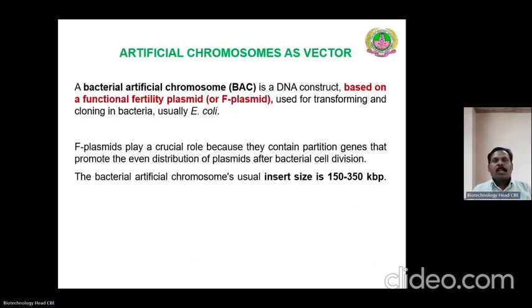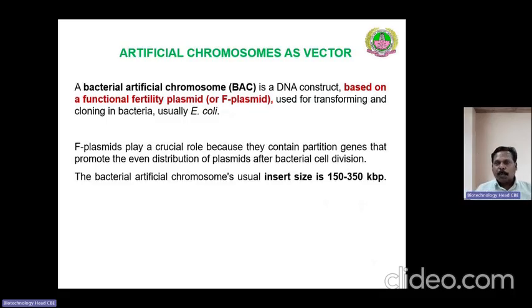The next category of vectors are artificial chromosomes, which include the bacterial artificial chromosome, which is a DNA construct based on the functional fertility plasmid, F plasmid, that is used for transforming and cloning bacteria, usually E. coli.